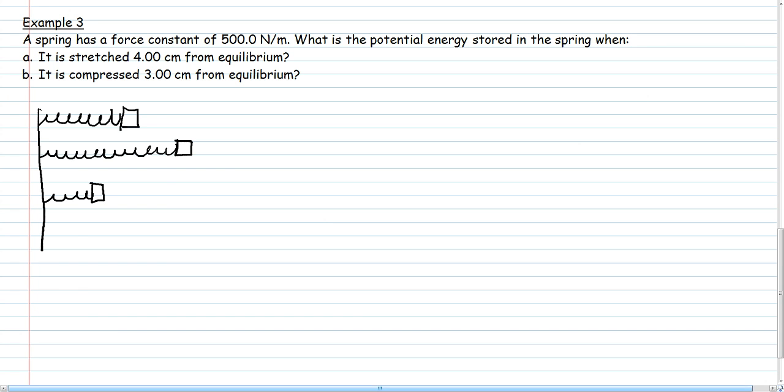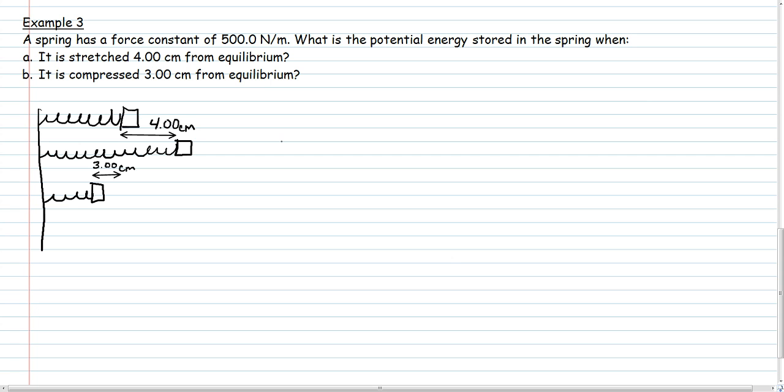So let me go ahead and label this. From that location to that location, we're going to say is 4.00 centimeters. And from this location to there is going to be 3.00 centimeters.